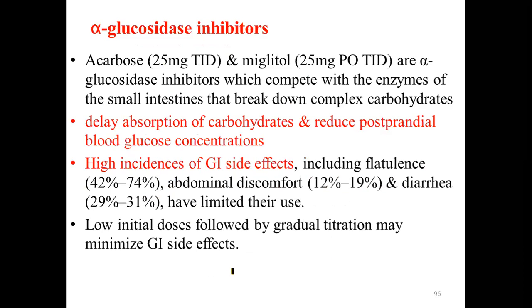So the role of alpha glucosidase enzyme inhibitors is to delay the absorption of carbohydrate and reduce postprandial glucose concentration by inhibiting the breakdown of carbohydrates. But the major problem with this class of drugs is that GI side effects are very high. Because of that, they are not commonly used nowadays.